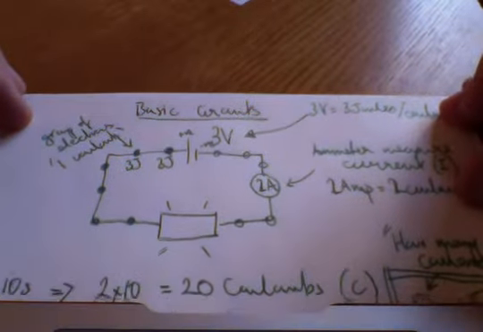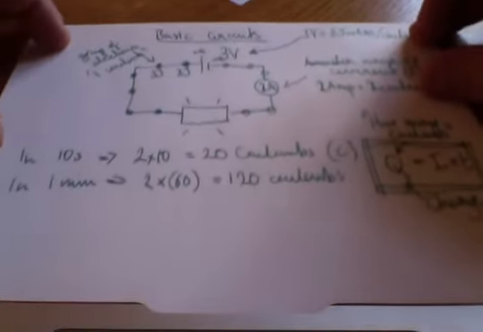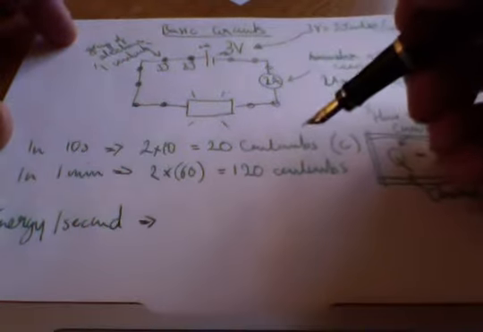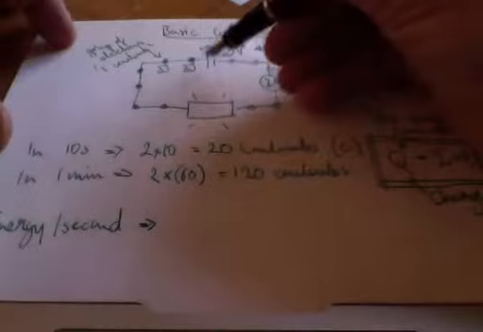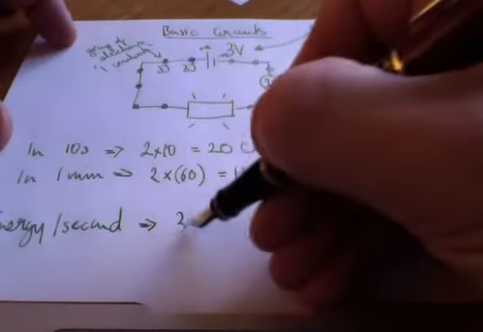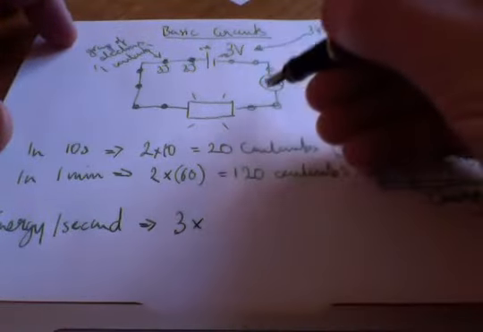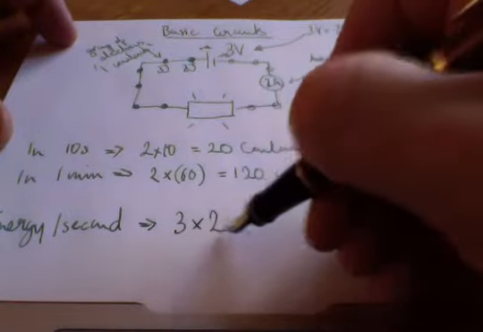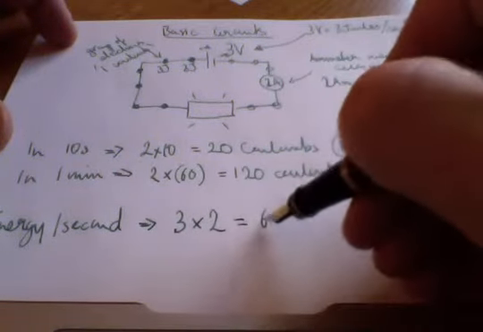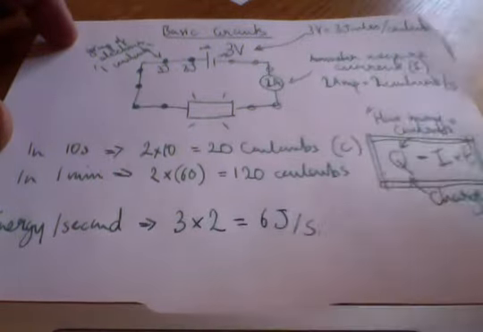So if I talk about the energy per second, I know that each coulomb will take 3 joules, but I've got 2 coulombs coming out of the battery per second, giving me 6 joules every second.